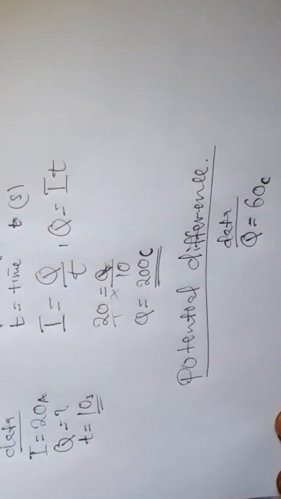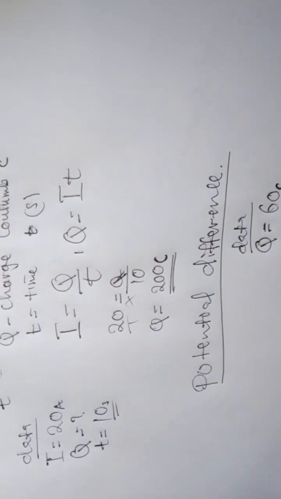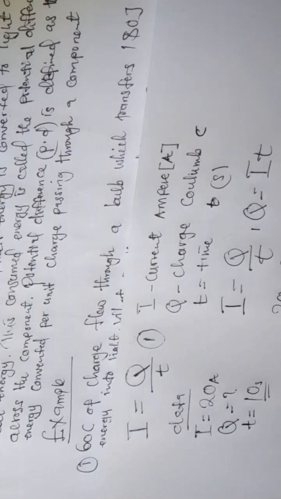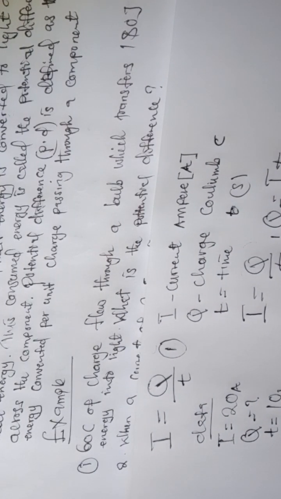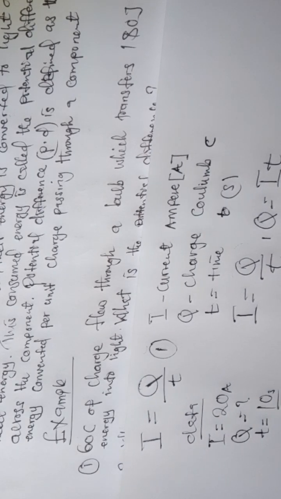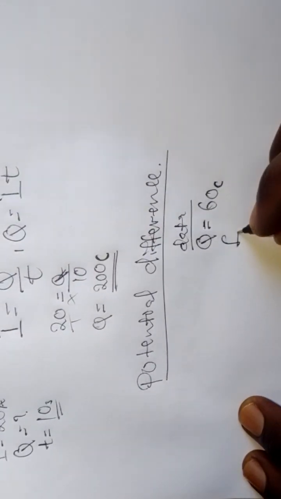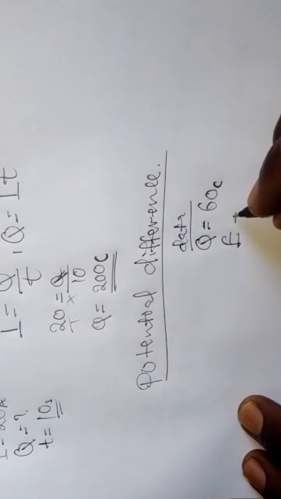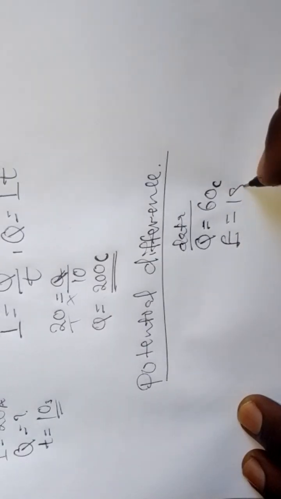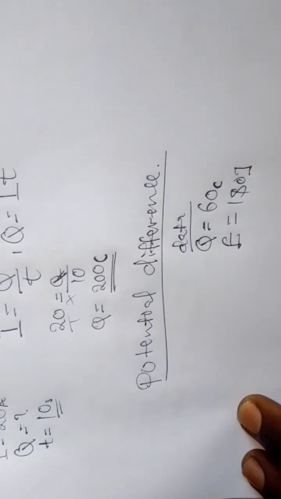That's the charge that we have. Another thing they are saying, the charge flows through a bulb which transfers 180 joules of energy. We can say energy is equal to 180 joules.